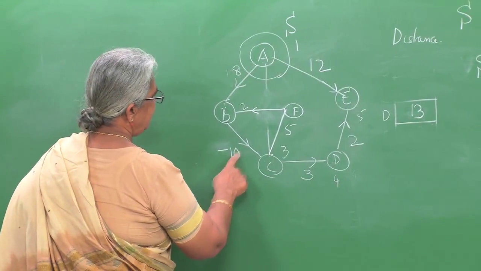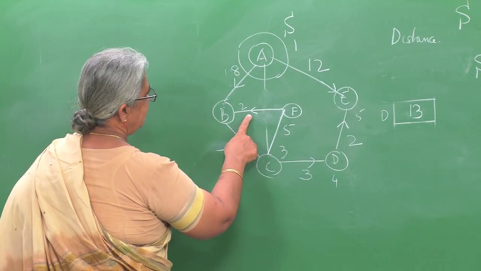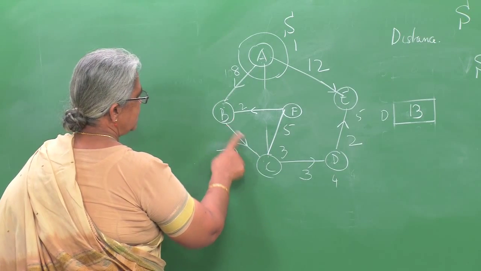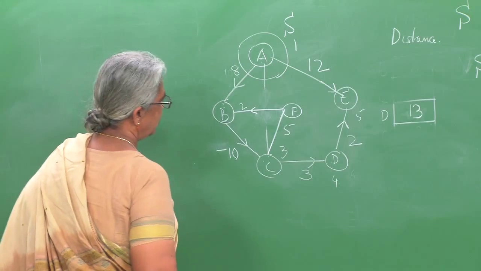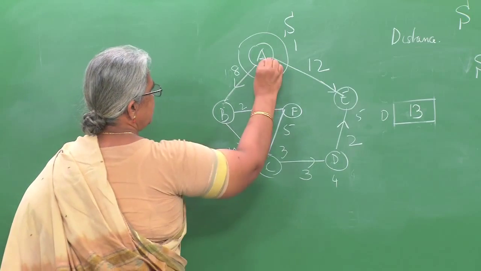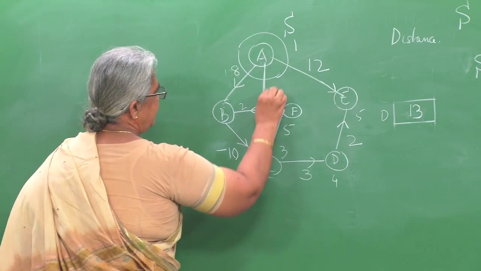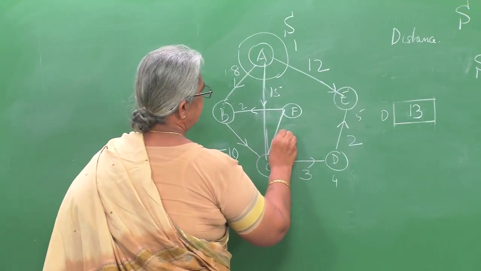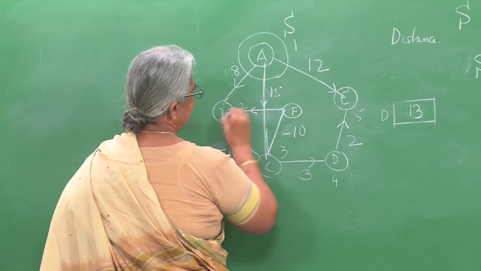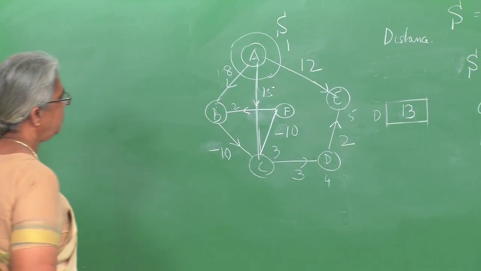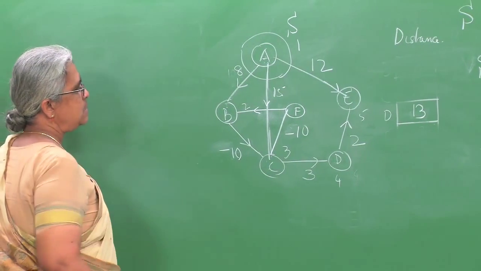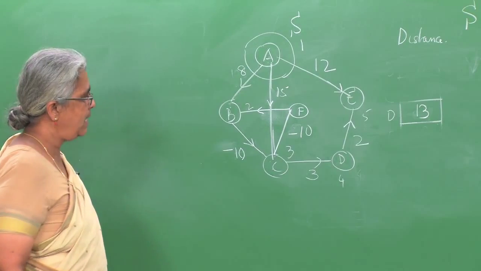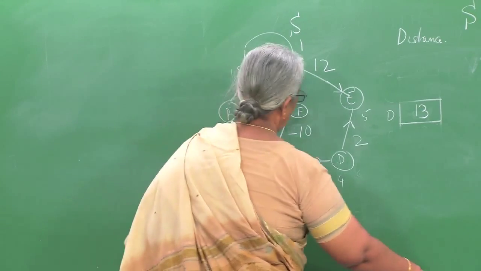But when you see here, minus 10 plus 7 minus 3, right? So it's possible that from C there is a shorter path to the vertex B. Suppose this was already there at 15 here, and then let us say this was minus 10 plus 2, and I would have a shorter path to B via C, and this is precisely why we cannot have negative edges on the given graph.